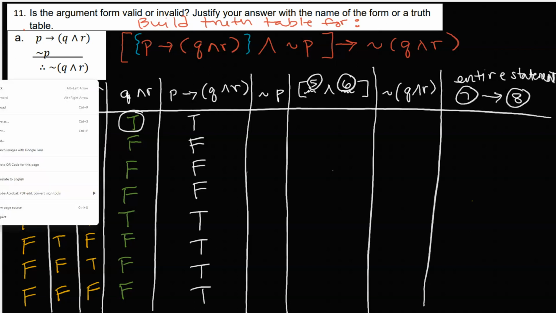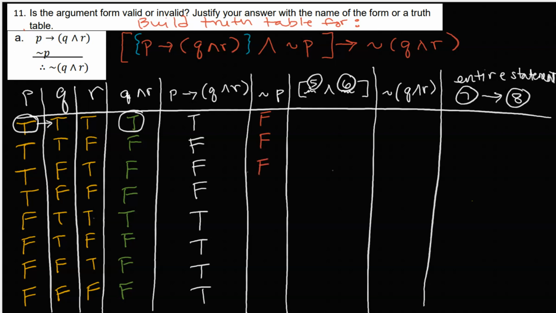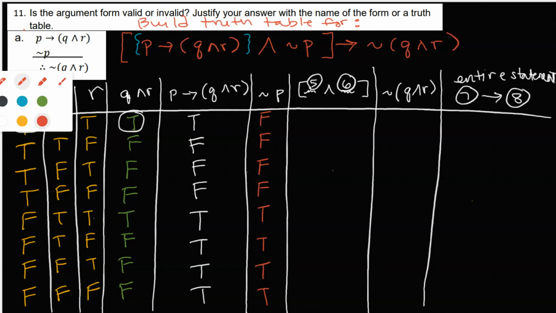All right, now not P. Not P is the opposite truth value of whatever P is. So we would say false, false, false, false, true, true, true, true, right? The negation of P. And now we are looking at column number 5 and column number 6.